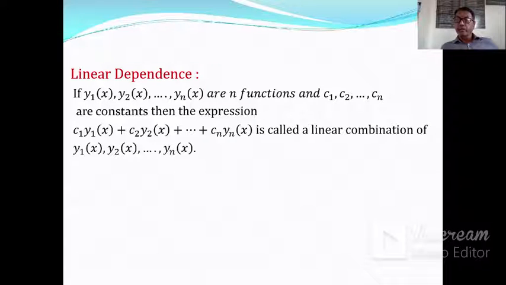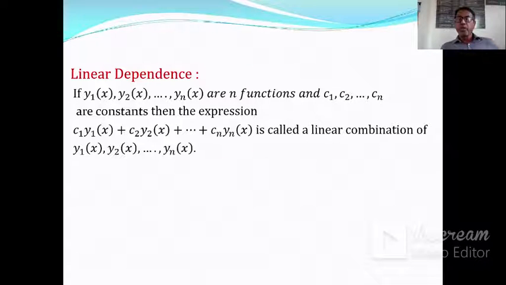It is not an equation. If there is a sign of equality, then we use the word equation. Here there is no sign of equality. Therefore, we can say that this is an expression.